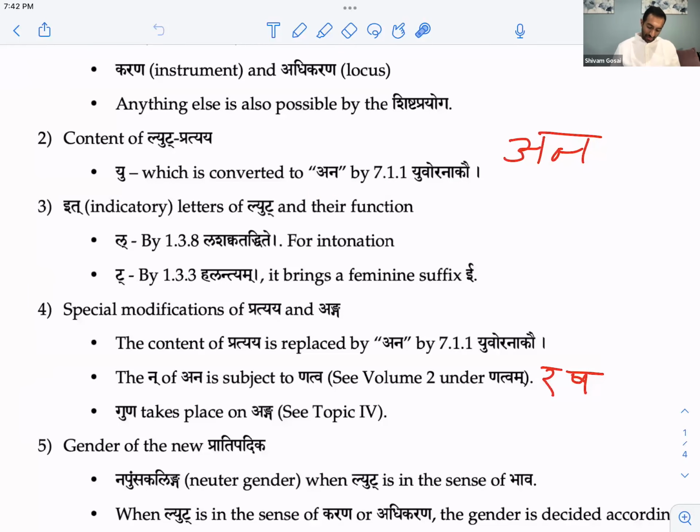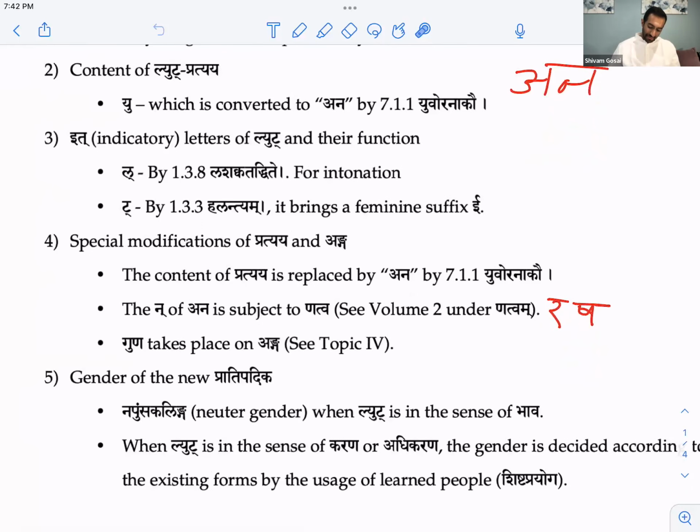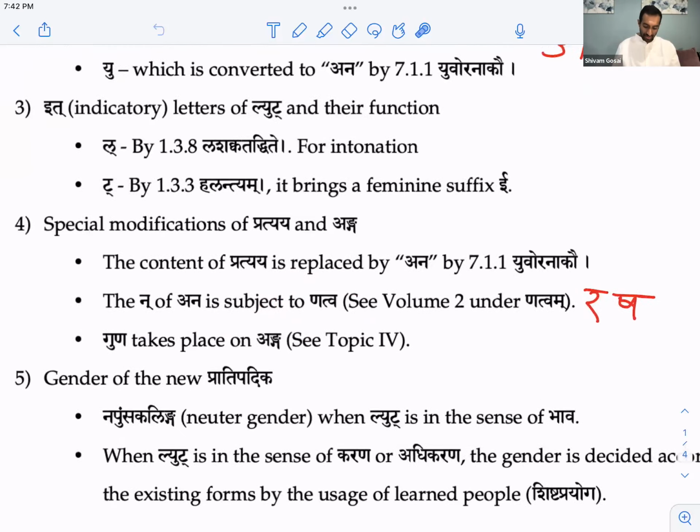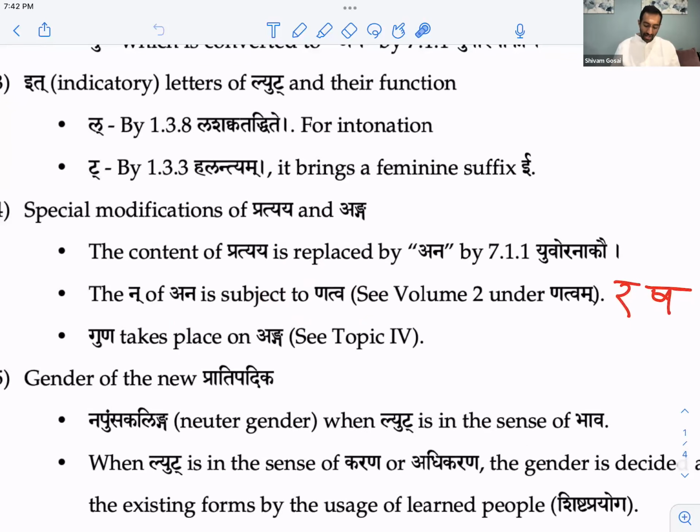So we saw 1, 2, 3. Number 4 is that, as I said, it's going to be replaced by ana. The na of ana is subject to natva, meaning that a lot of times it's going to become the more danya nakara. And a lot of times guna can take place on the anga. We will review that as well. So far, what have we learned? We're talking about this pratyaya called lyut.